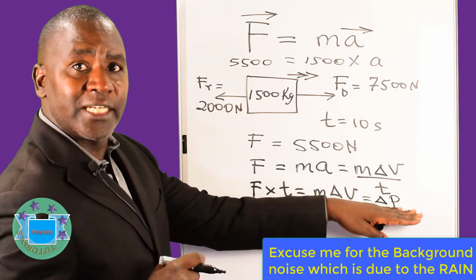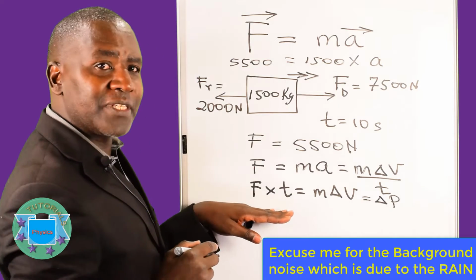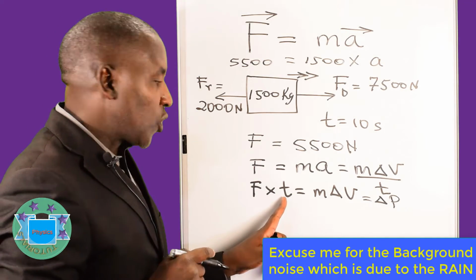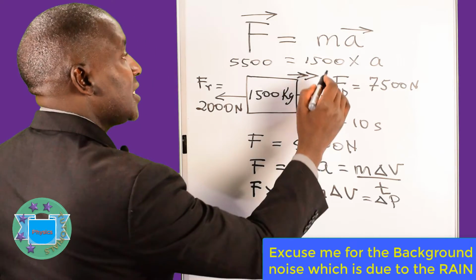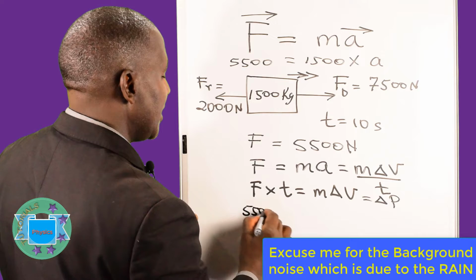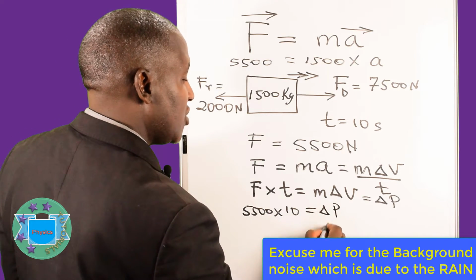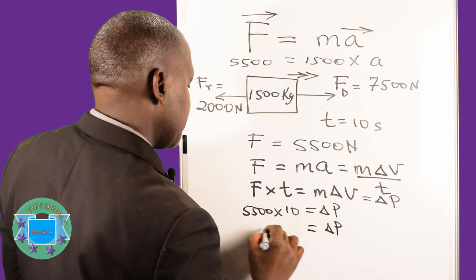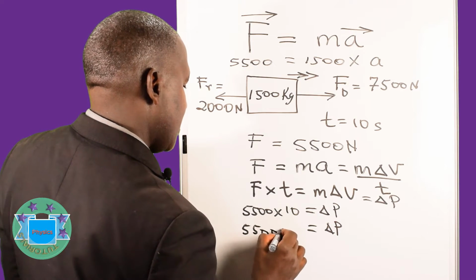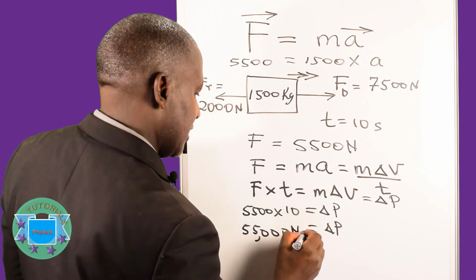What I have on the left hand side is force times time. So if I multiply this resultant force of 5,500 times 10 seconds, I'm going to get the change in momentum: 55,000 Newton seconds.